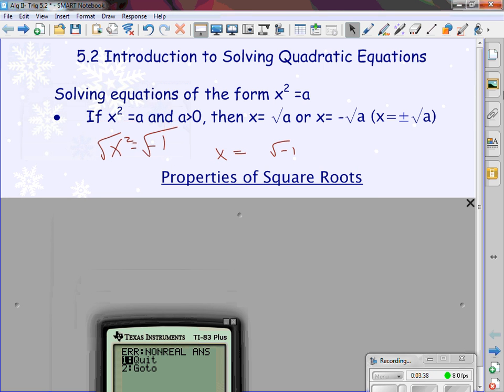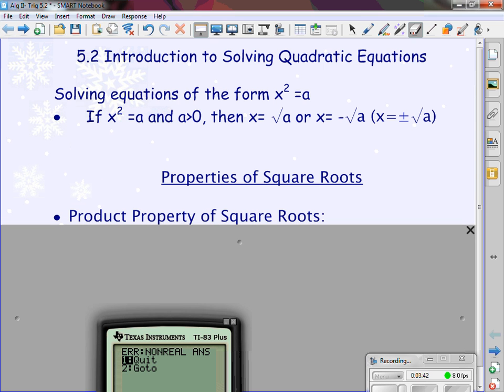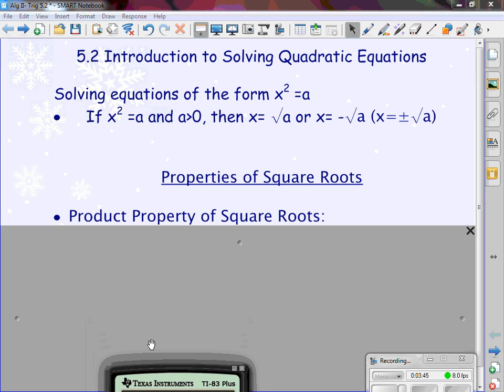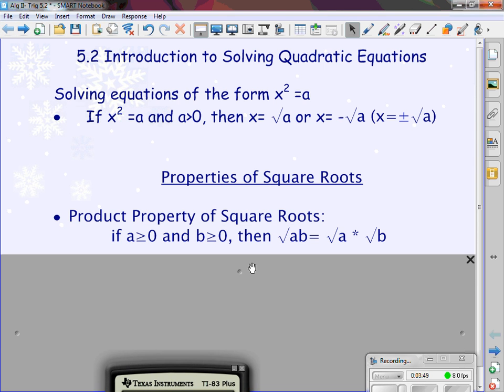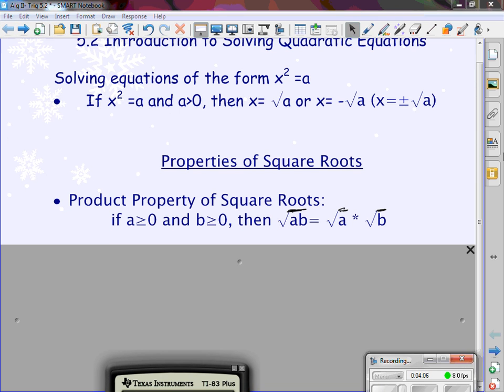There's a couple properties of square roots. The product property. All it says is if I have the square root of AB, the square root of AB is the same thing as the square root of A times the square root of B. If I pick some numbers, square root of 16.